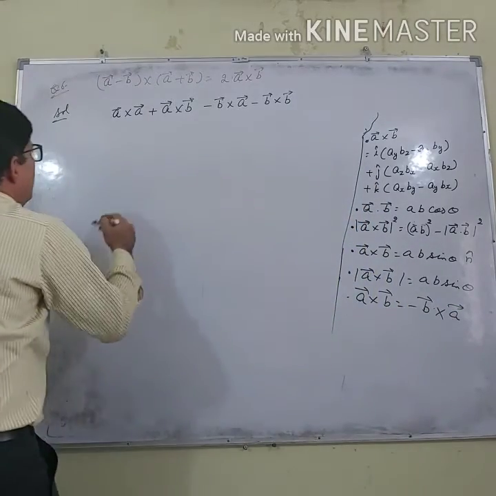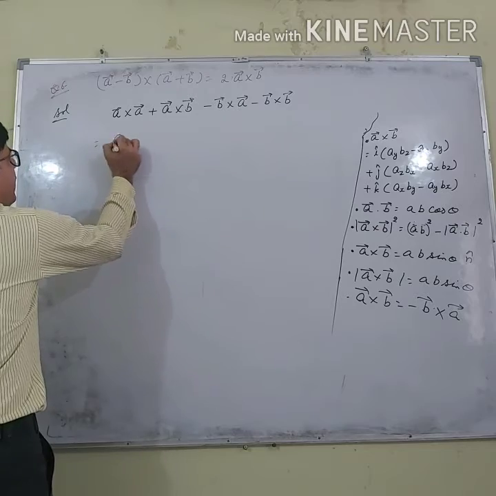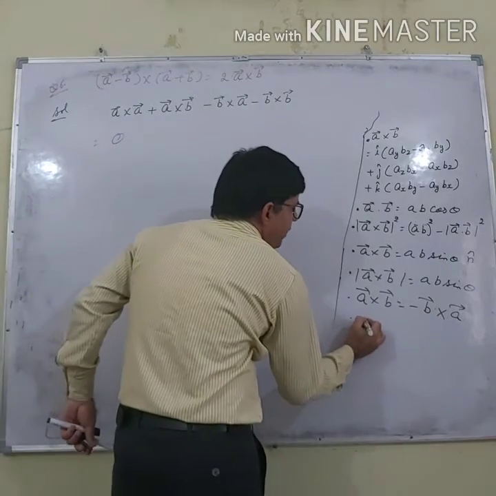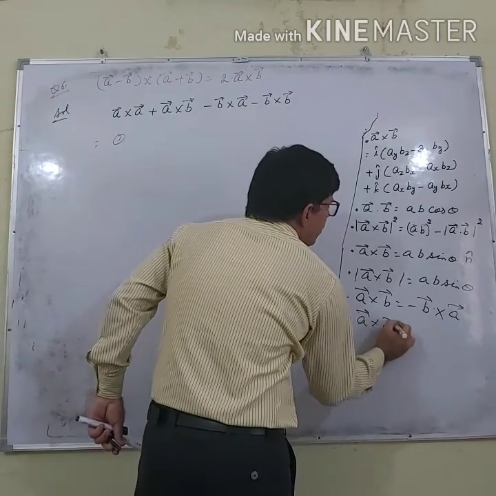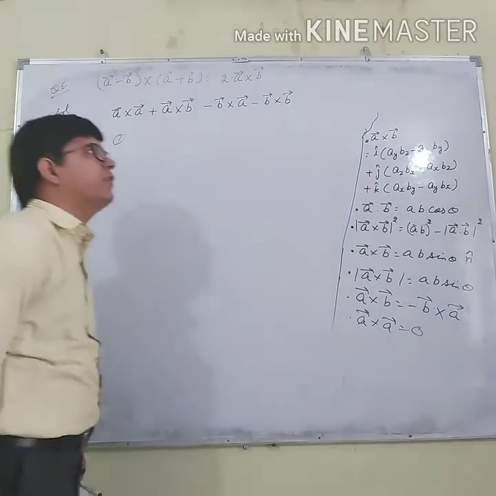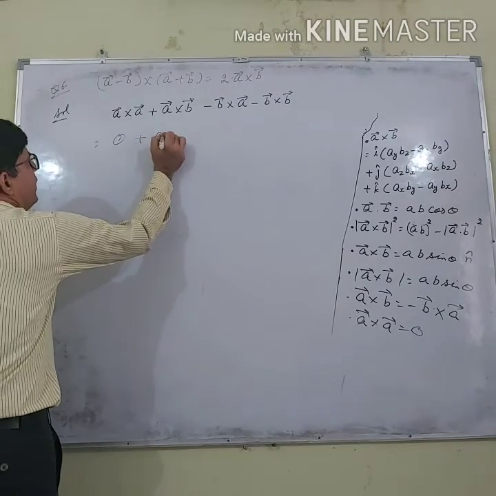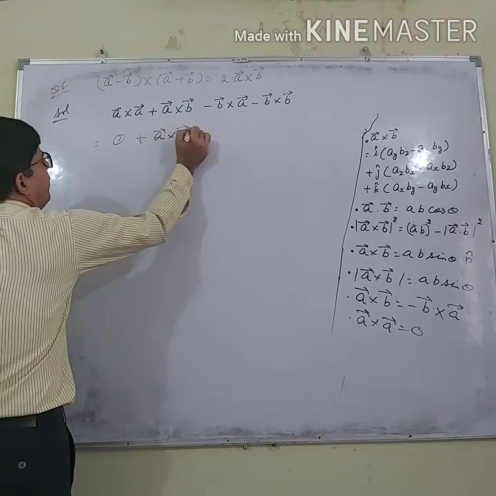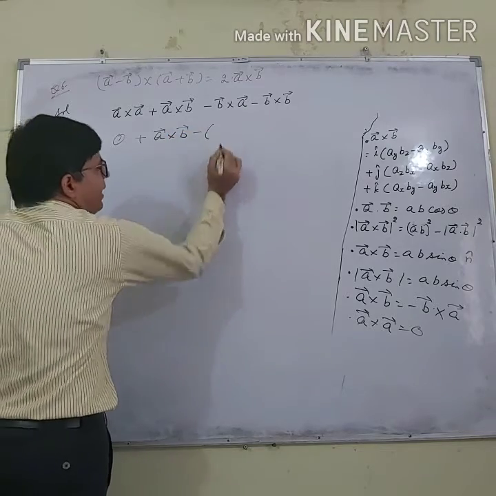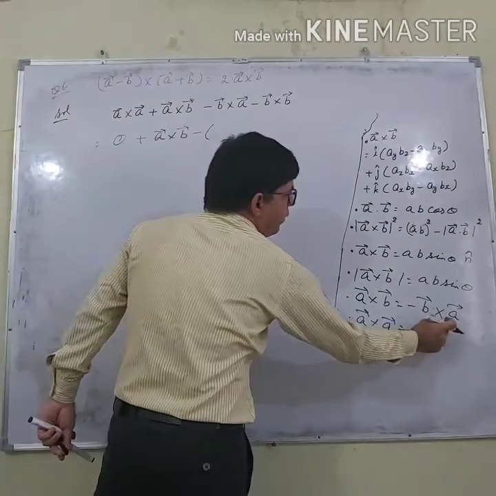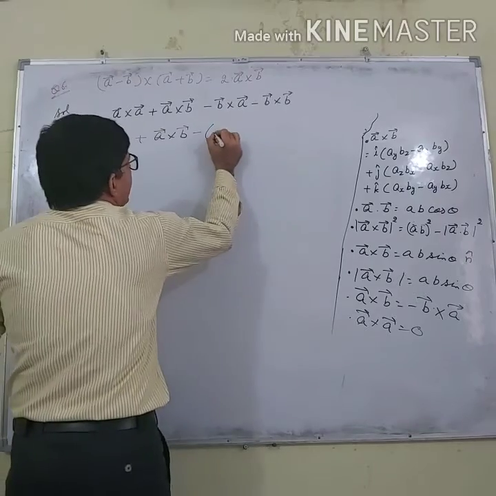So a cross a is 0. Why is a cross a 0? Because a is parallel to itself, so it is 0. Plus a cross b. And what is this? B cross a. Can I write in place of b cross a, minus a cross b?